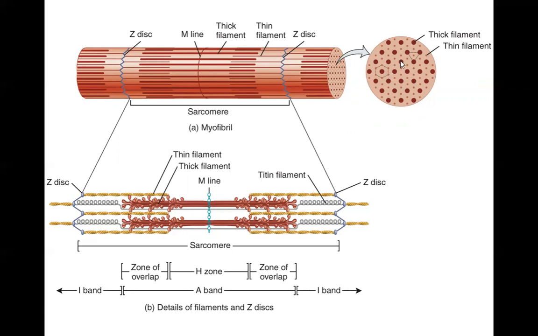Each of these dark red big circles represents a thick filament, and all the smaller, tinier dots represent a thin filament, which, if you look at all these except the ones on the outside, there are 6 thin filaments that surround a centralized thick filament. Every 60 degrees, you find a thin filament surrounding the internal thick filament.